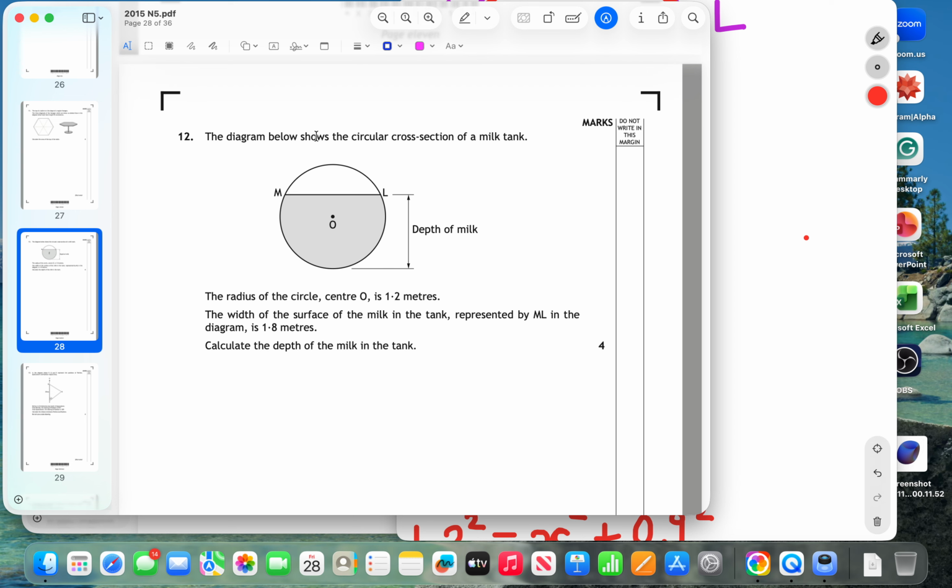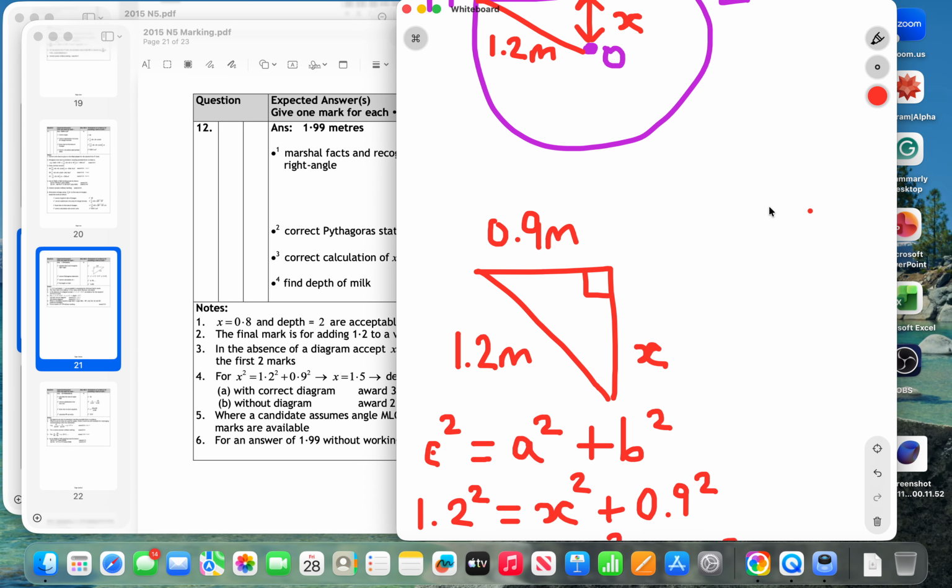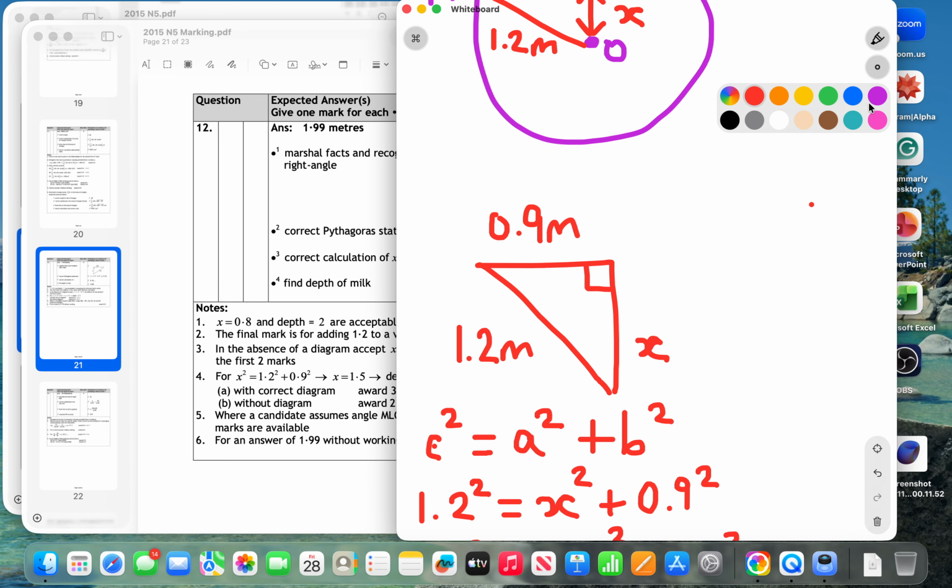Even the best of students wouldn't be able to do that. But you need to know that you've got your chord, you've got your perpendicular bisector to the chord. You think, oh, it's symmetrical. I can find half of the length of the chord, plug that in, and use Pythagoras. So the first mark is for this.